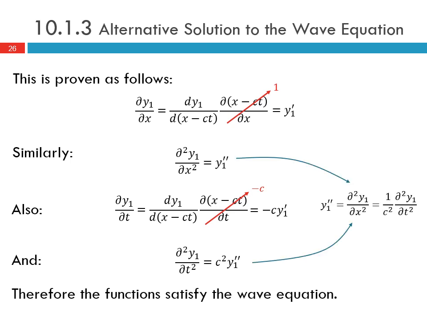So basically, if we combine these two, we can see that ∂²y1/∂x² is 1/c² ∂²y1/∂t². So this means that a function of this form satisfies the wave equation.